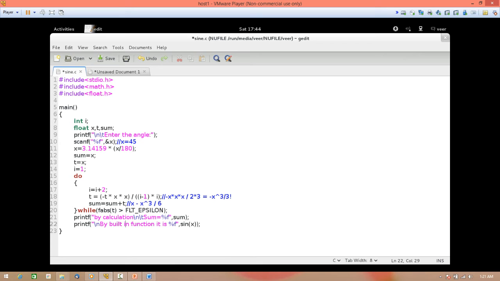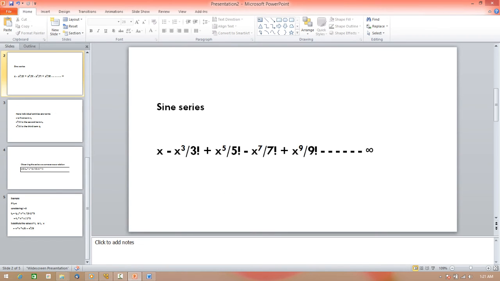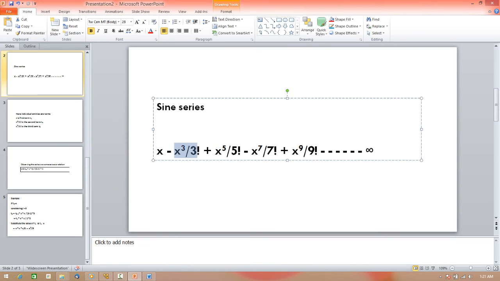Now, a slight observation you need to consider is that in this series, the first term is x, the next term is x raised to 3 divided by 3 factorial, and these individual terms which we are going to compute become smaller and smaller. If you consider the first term as x in radians, x raised to 3 divided by 3 factorial is lesser than the x value.